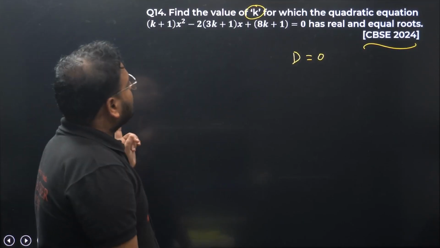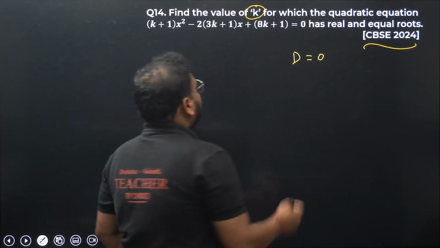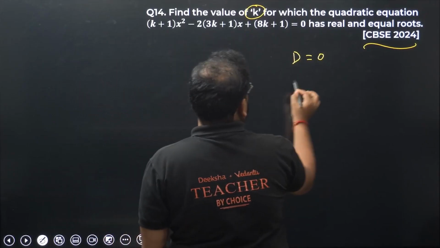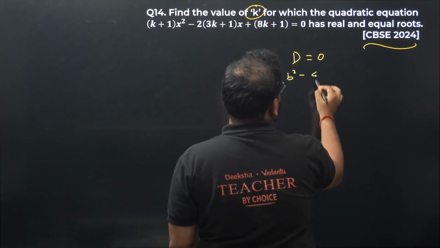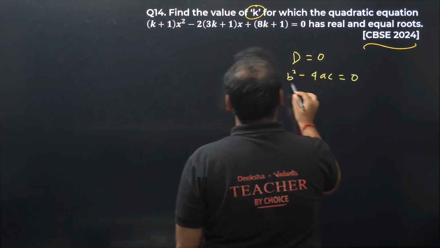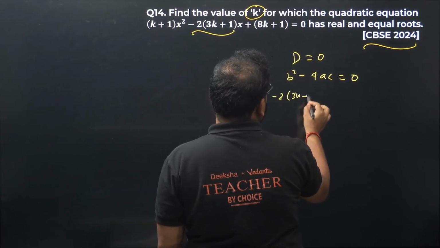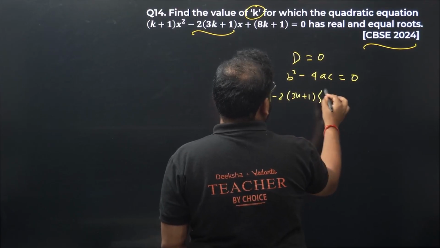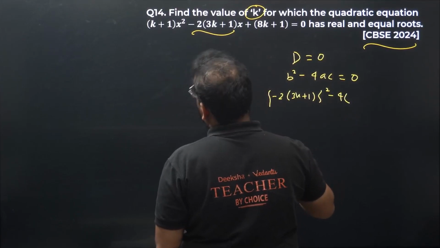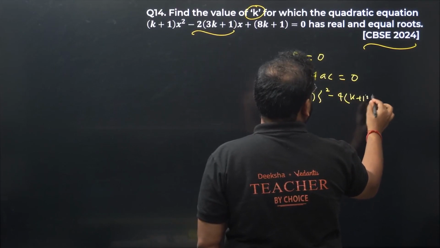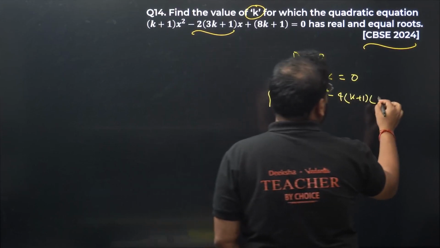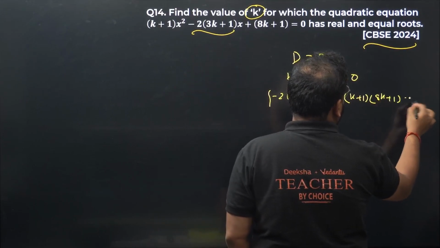Real and equal roots mean D equal to 0. We get D value as b square minus 4ac equal to 0. What is the b square value? Minus 2(3k plus 1) the whole square minus 4 times a. What is the a value? k plus 1, into 8k plus 1, equal to 0.